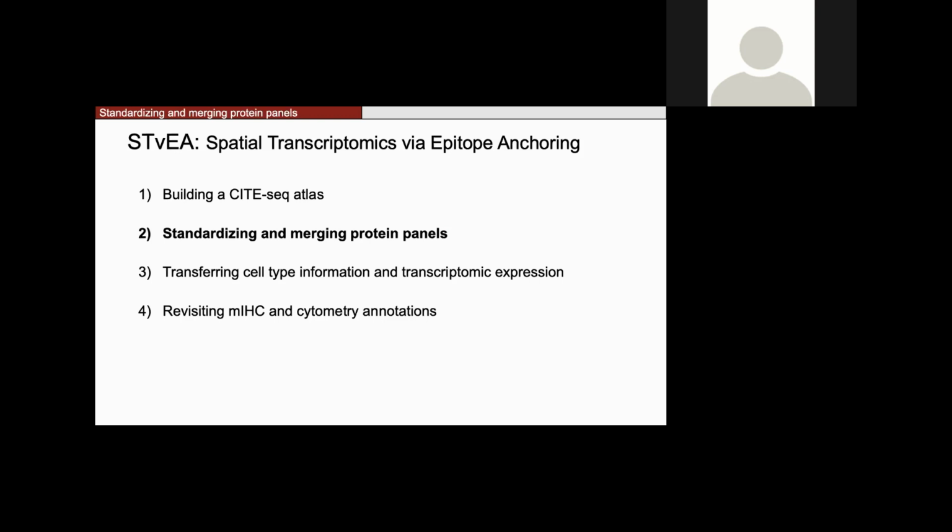So the first thing we needed to do is standardize or normalize the expression from both technologies so that we could compare them. And then we used a batch correction method to merge both protein data sets into a shared space so that we could identify cells with similar antigenic profiles between the two technologies.